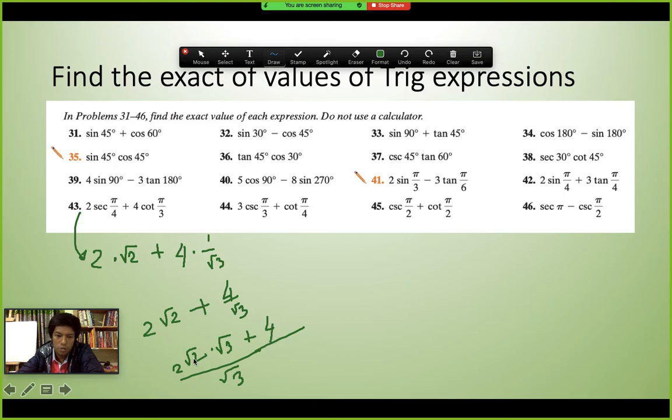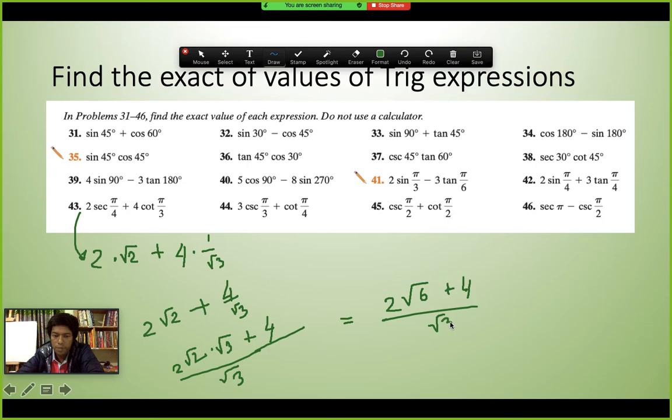So root 2 and root 3 becomes root 6. We can write it. It doesn't help much, but let's write it. 2 root 6 plus 4 divided by root 3.